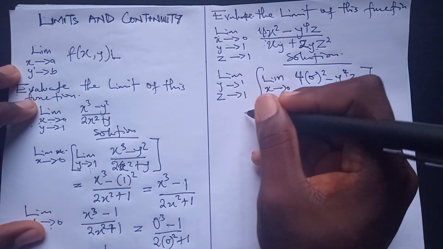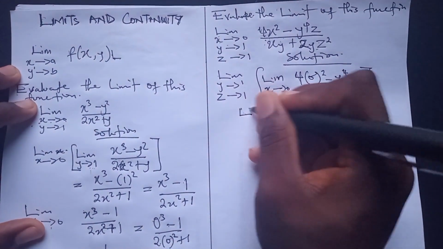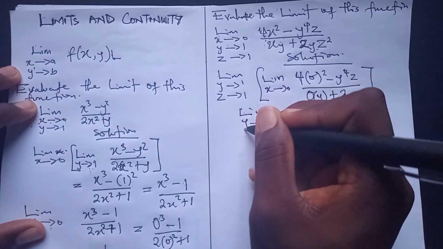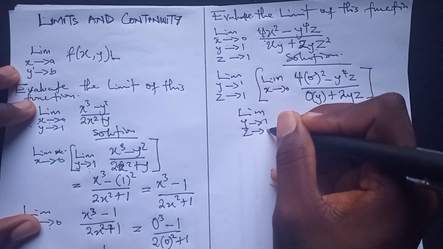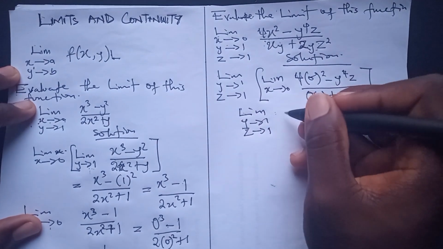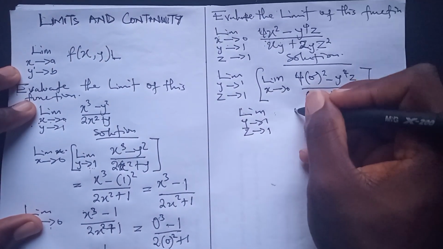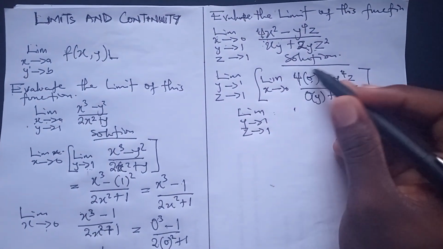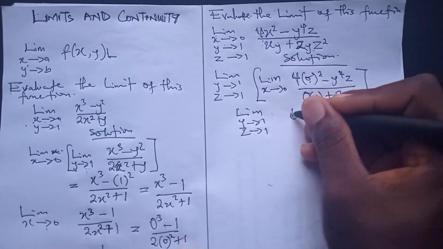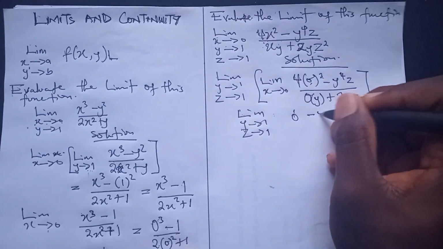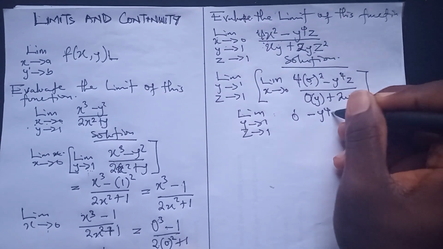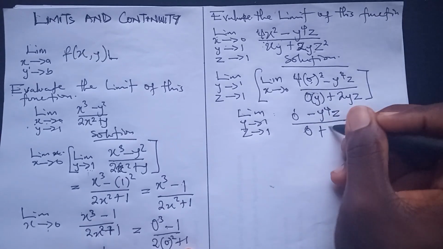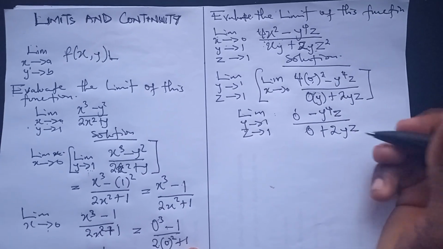So this is equal to the limit of y tends to 1, z tends to 1, for 0 raised to power 2 is 0. Everything here gives you 0. Minus y raised to power 4z over everything here will give you 0 plus 2yz.